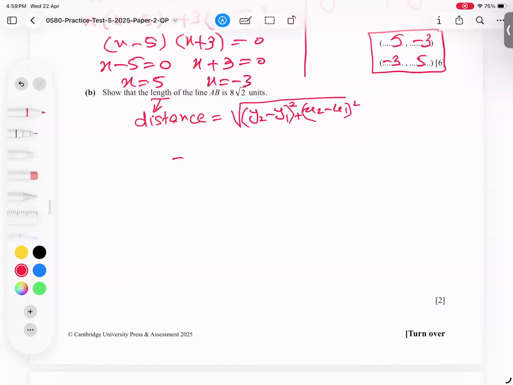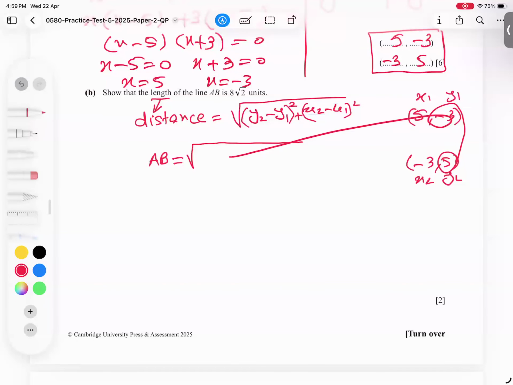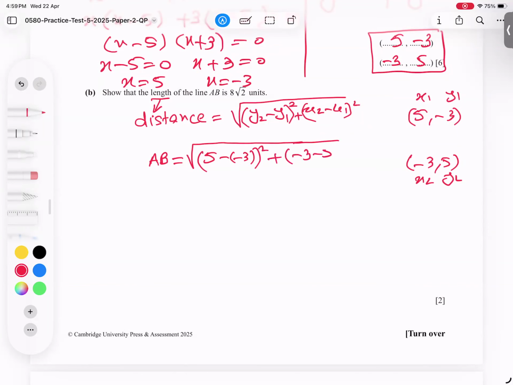So now applying the formula, length of AB. Have a look now, students. I label them 5, negative 3 as the first coordinate, and negative 3, 5 as the second coordinate. I label here x1, y1 and here x2, y2. I can write in any order, no problem. So 5 minus negative 3. Students can make a sign mistake here. And negative 3 minus 5, whole square.